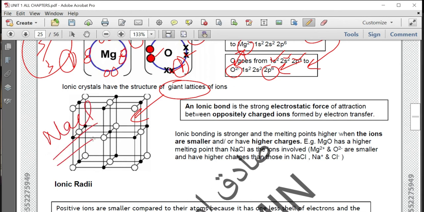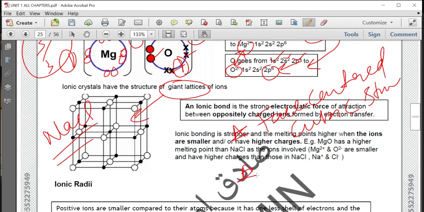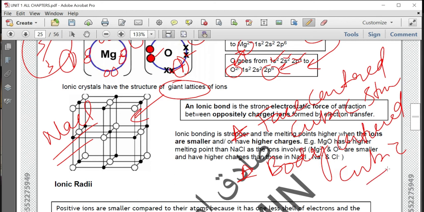There are 2 types of crystals of the ionic substances. The first one is called the face-centered cubic structure, and the second one is called the body-centered cubic structure.